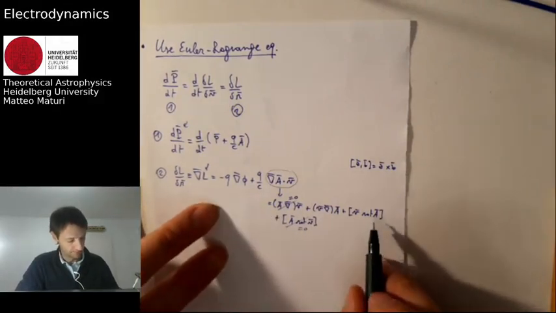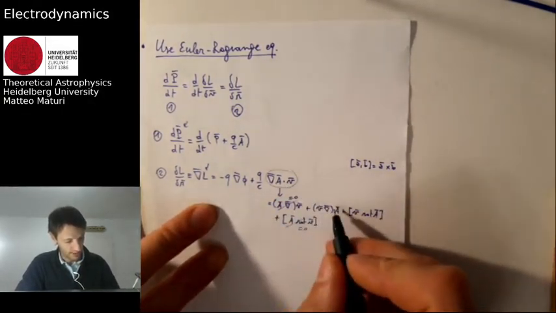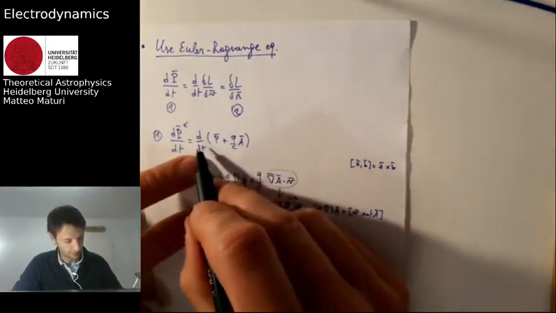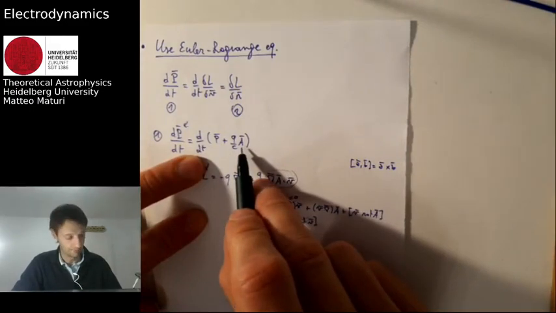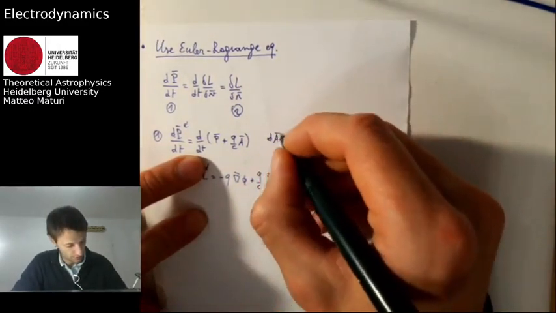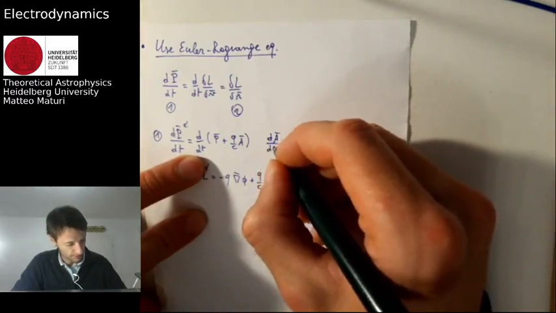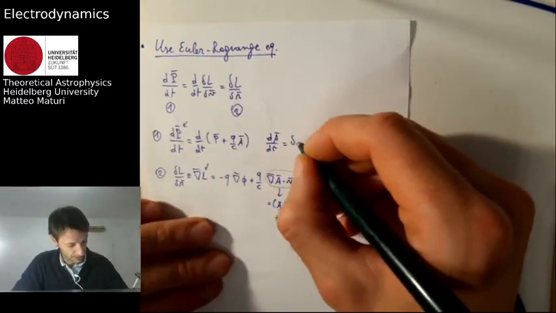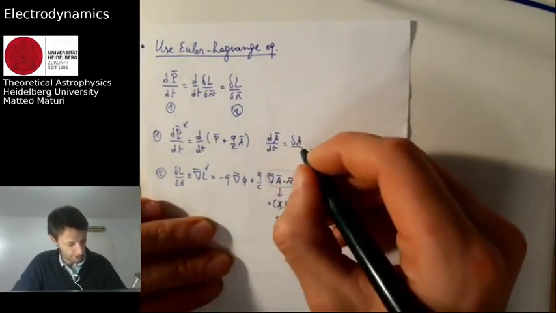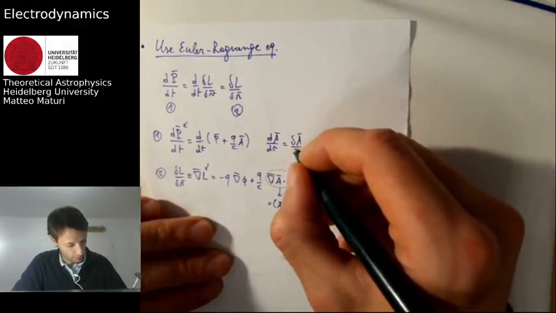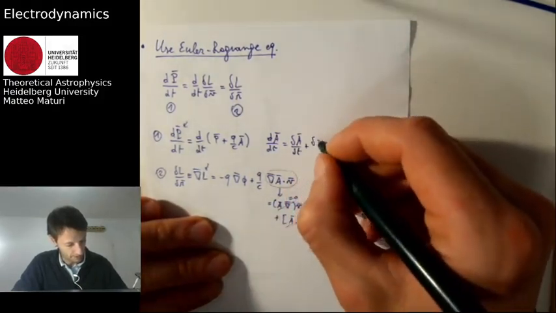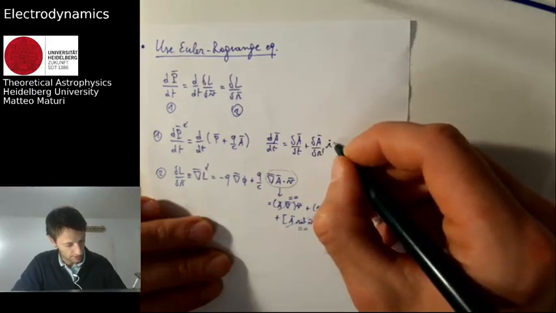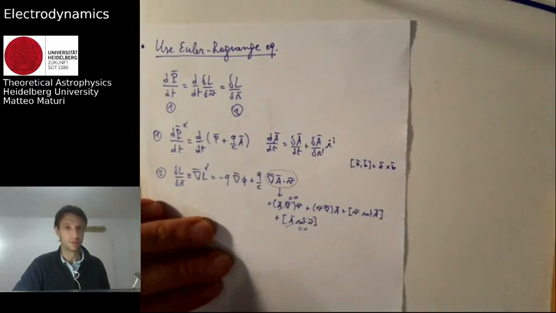This is left, but then we can notice that we can get rid of it, because whenever we have the derivative d over dt applied to A, so I now work only on this term, dA over dt, this is the total derivative, therefore the partial derivative with respect to time, plus the partial derivative with respect to space r_i times the velocity.